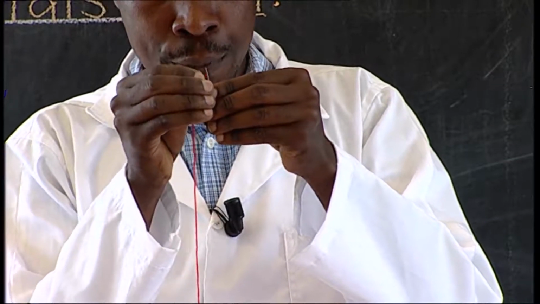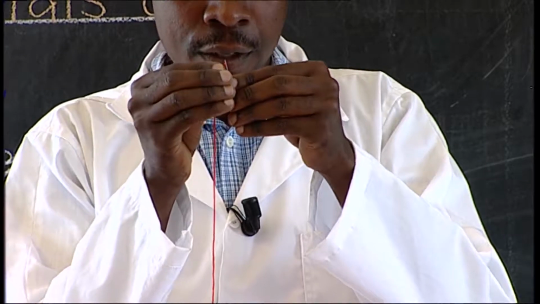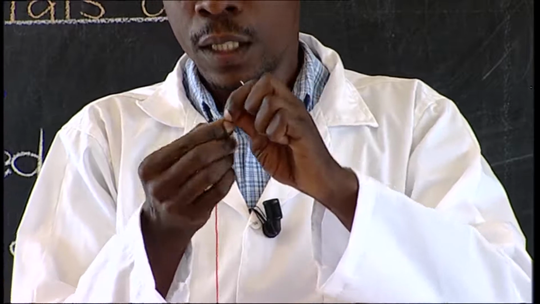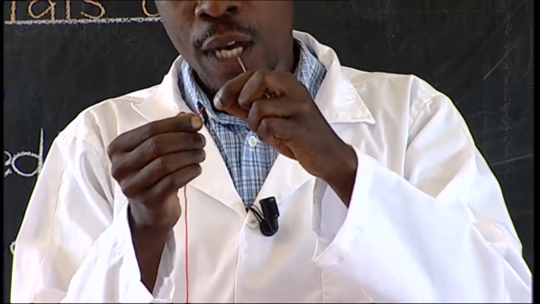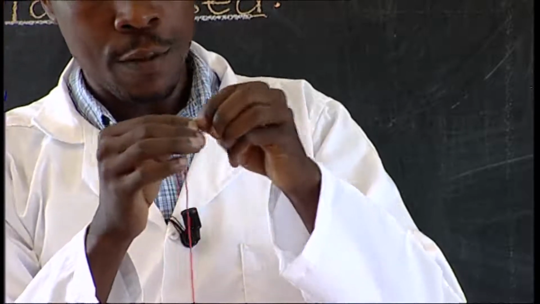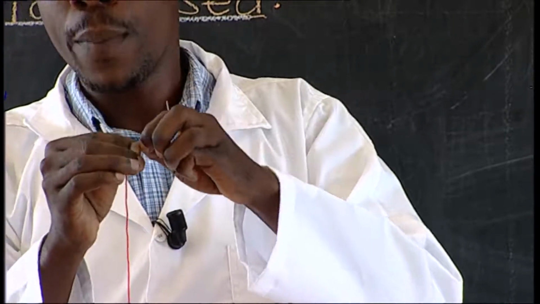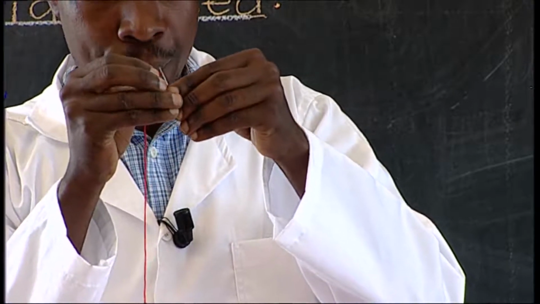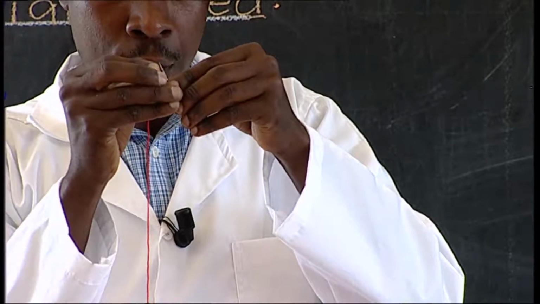Wait, we put a thread inside. It is refusing, but it is going to go there. I'm trying to put my thread in my needle. It has a small hole, but try by all your means, you put it there. You observe well.